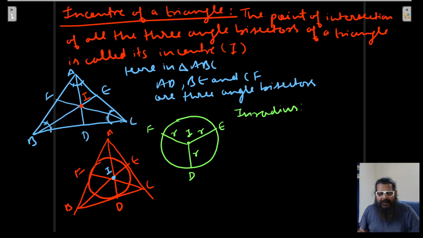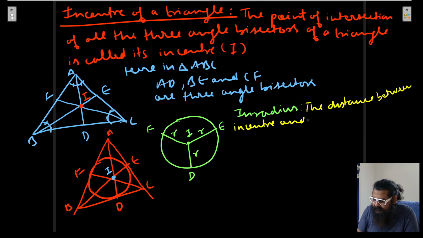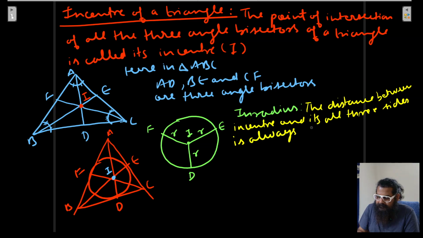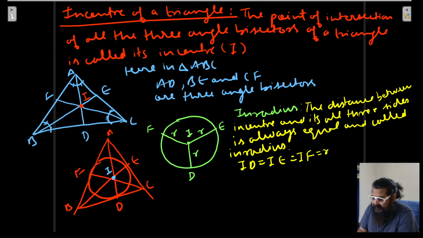The distance between the incenter and all three sides is always equal, and it is called the inradius. So in this case we can write ID is equal to IE is equal to IF, and it is equal to small r.